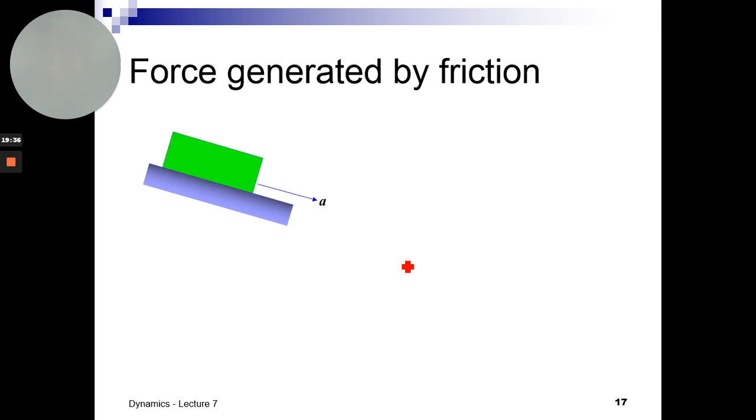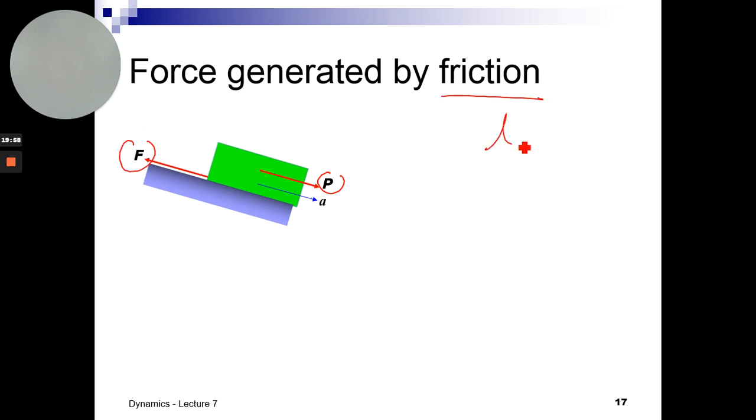So in any cases of a block in a slanting plane, let's say, is having a acceleration at the right hand direction, and then there is external forces acting over here, pulling the block downwards. So by the time the block is moving, there is a frictional force over here because of there is a mu, the coefficient of friction, either mu k or mu s. Coefficient of friction at kinetics and coefficient of friction static.